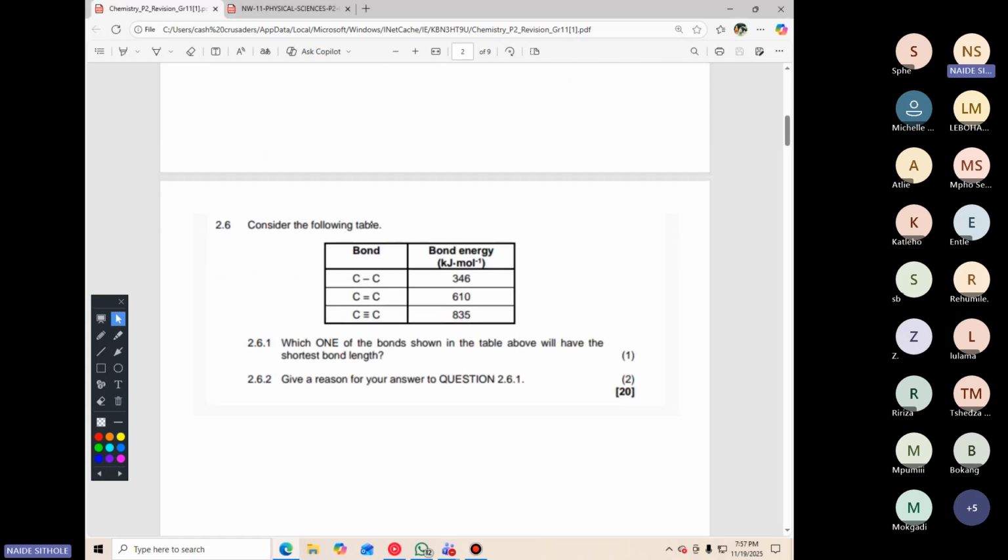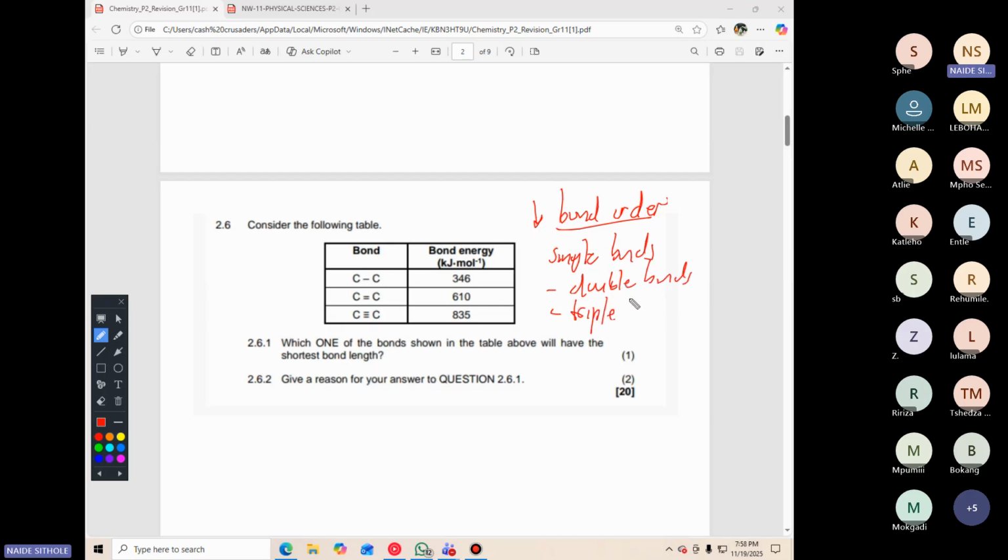Then consider the following table. Which one of the bonds shown in the table above will have the shortest bond length? The shortest bond length. Remember, when we were talking relationships, we said bond order. When we are talking about bond order, what are we talking about? Whether we have single bonds, double bonds, or triple bonds.